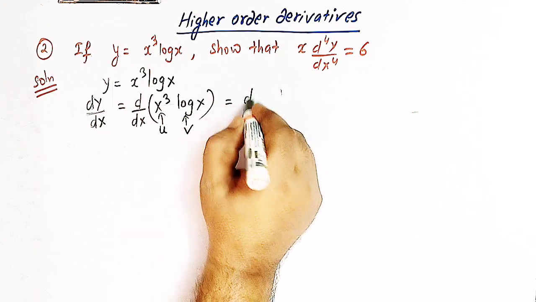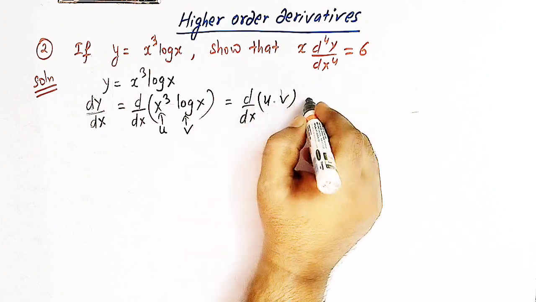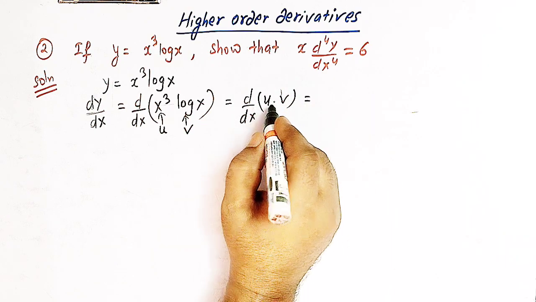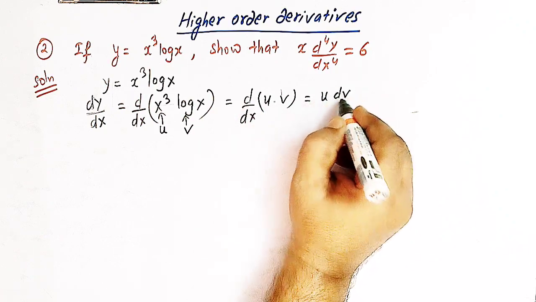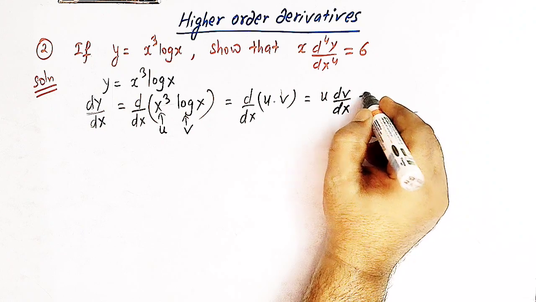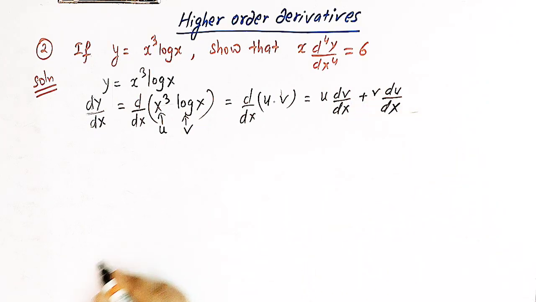So we have d by dx of u times v, and the product rule for differentiation is u dv over dx, and then v and du over dx, right?